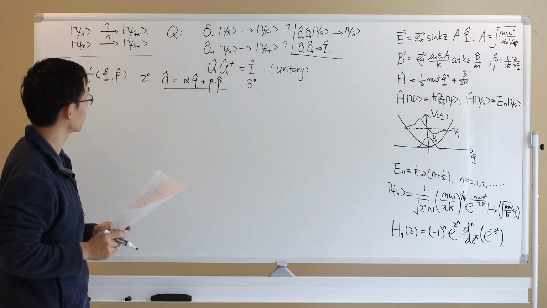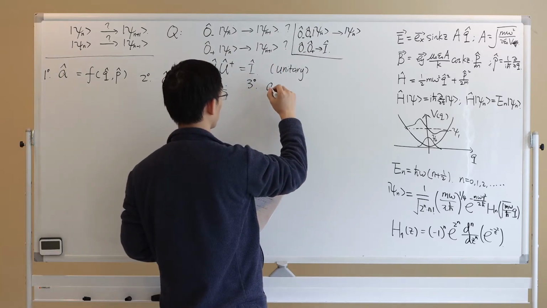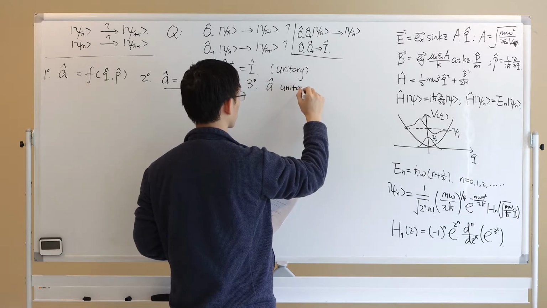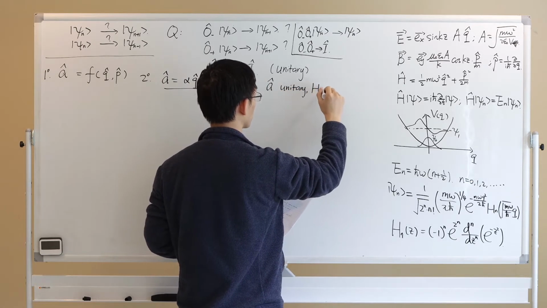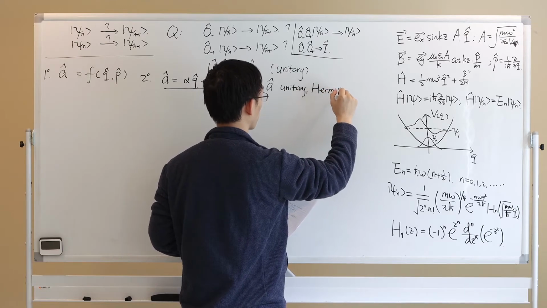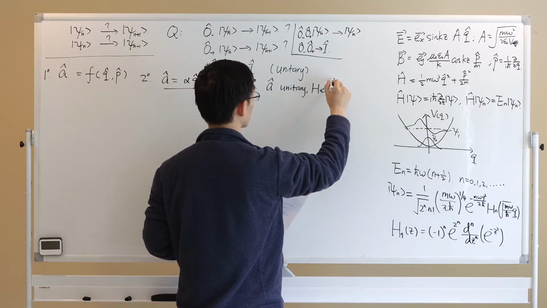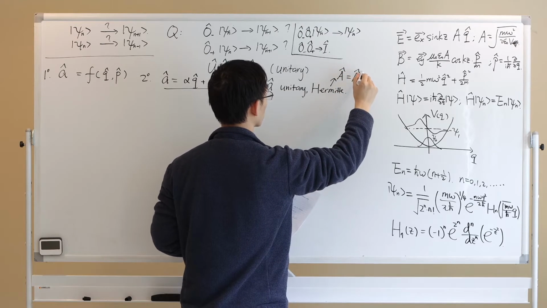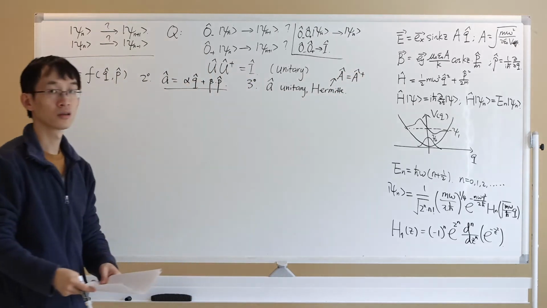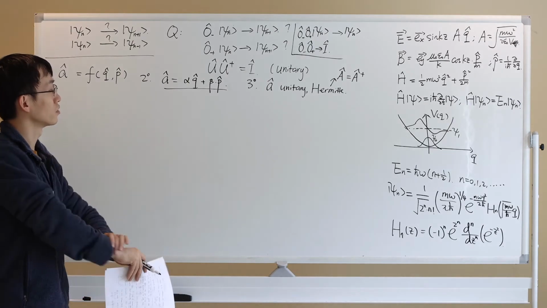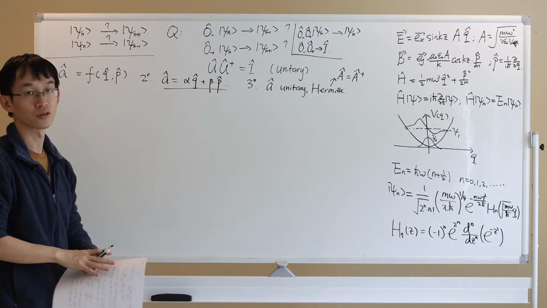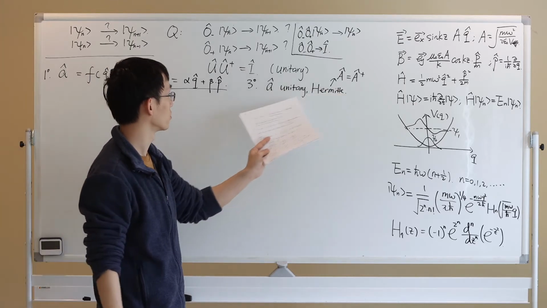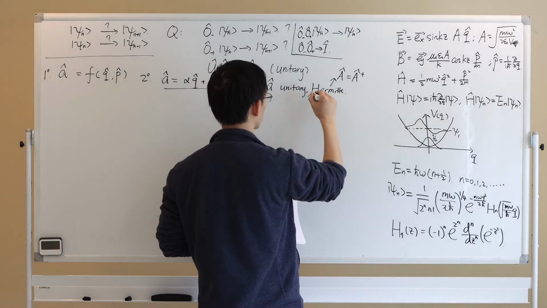So in that sense, we want A to be unitary, and then it's not Hermitian. Hermitian means an operator equals its own conjugate transpose, or in other words, we call it a self-adjoint operator.